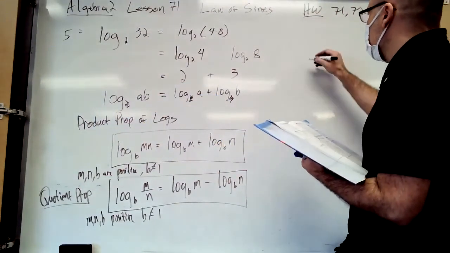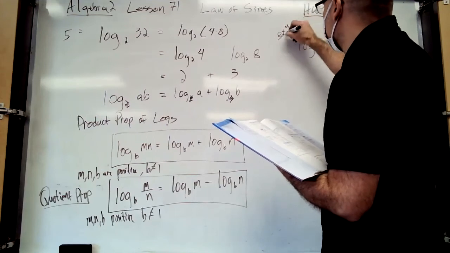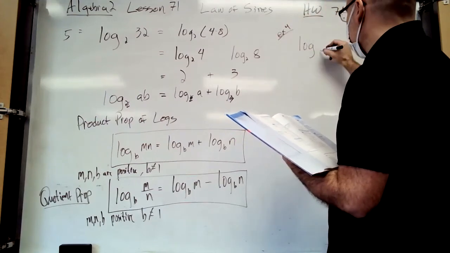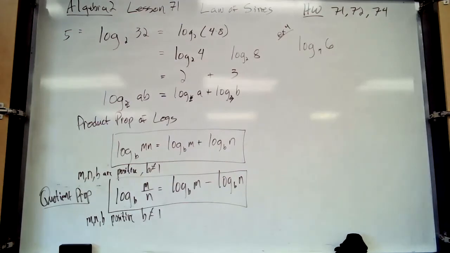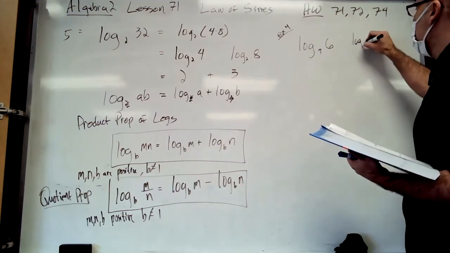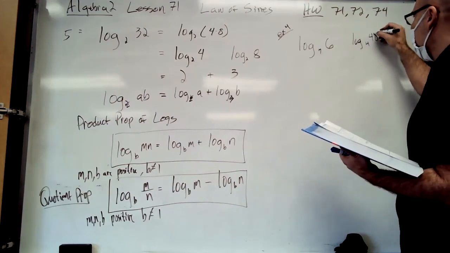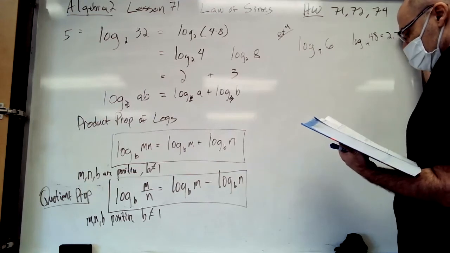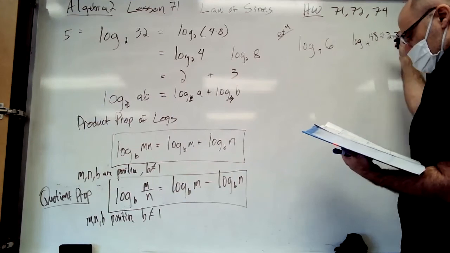Okay, well, let's do this. Here's example 4. What's log base 4 of 6? Well, now we can just think of some division problems that equal 6. Okay, but they're going to give you a hint. They're going to say log base 4 of 48 is approximately 2.7925.